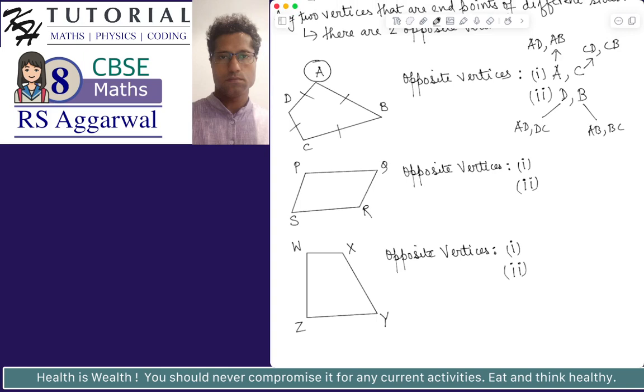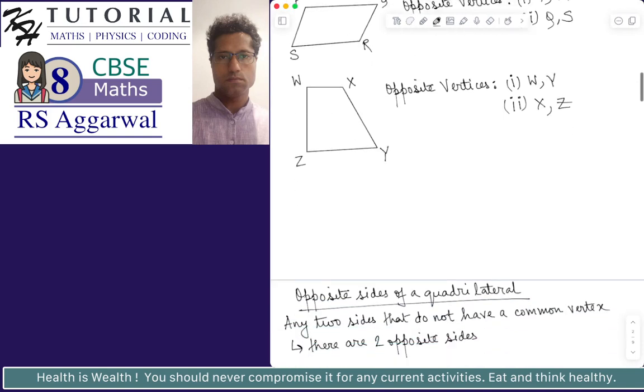So PQRS in this quadrilateral, the one set of opposite vertices are P and R, and the other set of opposite vertices are Q and S. For the third quadrilateral, that is WXYZ, the first set of opposite vertices are W and Y. The other set of opposite vertices is X and Z. So this is about opposite vertices of a quadrilateral.